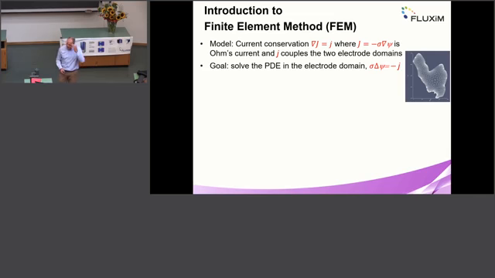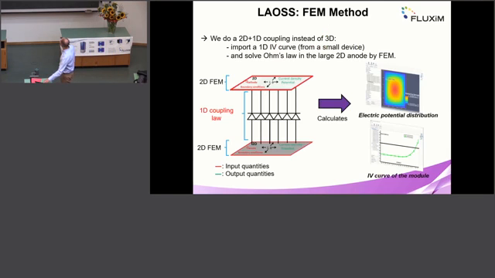And just a quick introduction to the finite element method. So we're solving this conservation law, the divergence of the current in the lateral domain. So this would be the law that we solve for the 2D domain. We have a 2D domain where the divergence of J is not 0 because we have current coming from below.